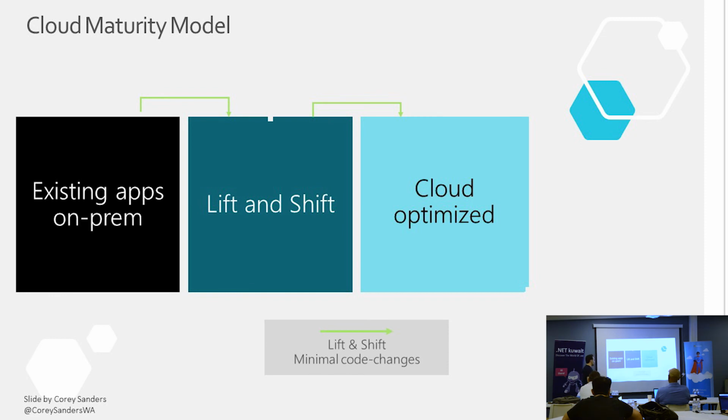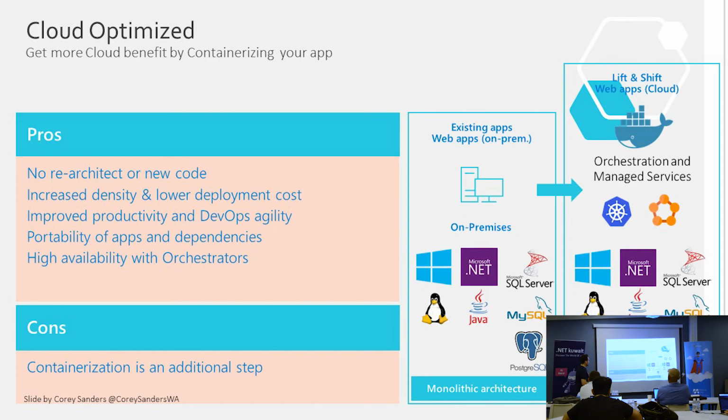You will introduce something new here, which is containerization. So you'll introduce Docker to your application, and this will need some changes to your code or the architecture a little bit, but it's not that much, and we will show you today how it's not that much. So no re-architecture or new code.